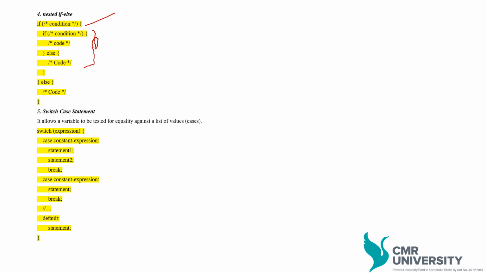If a value matches this value, we will be using statement 0, statement 1 in that case, and we will be breaking the statement, and we will be giving other case statements with break. Default value is a necessary value, and we will end the statement. This is the switch case statement.